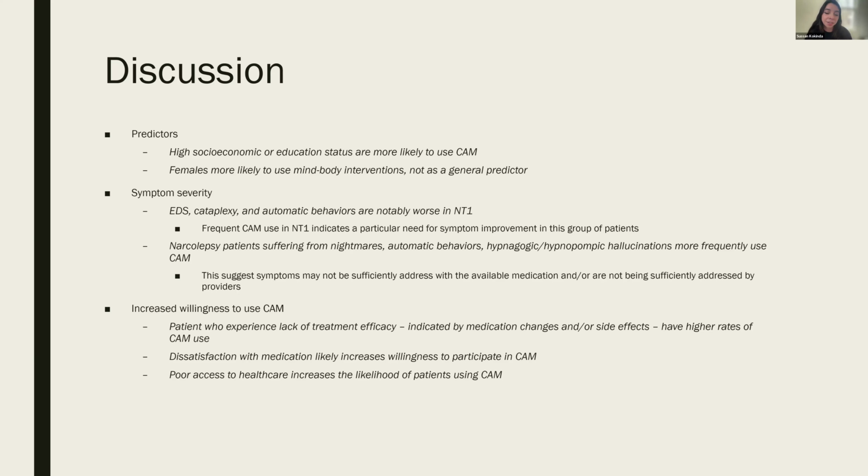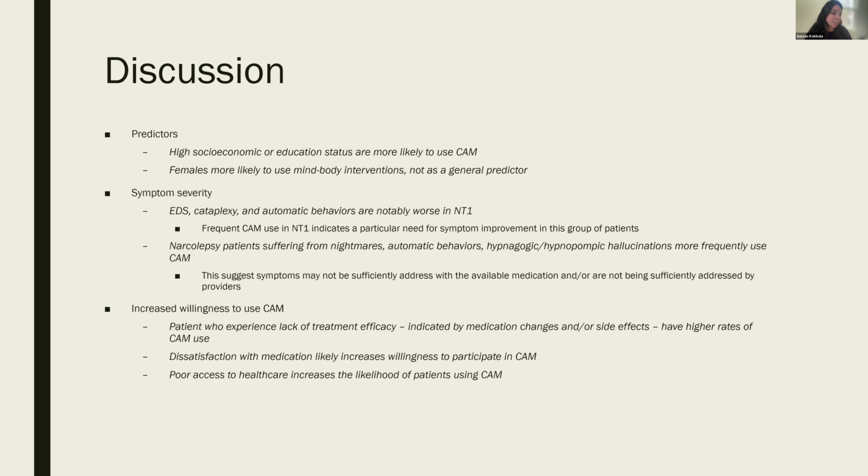Symptom severity also influenced CAM use. Symptoms of nightmares, automatic behaviors, as well as hallucinations were more frequently associated with CAM use.